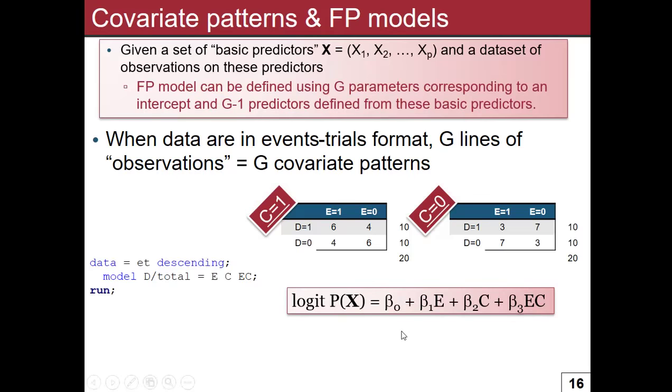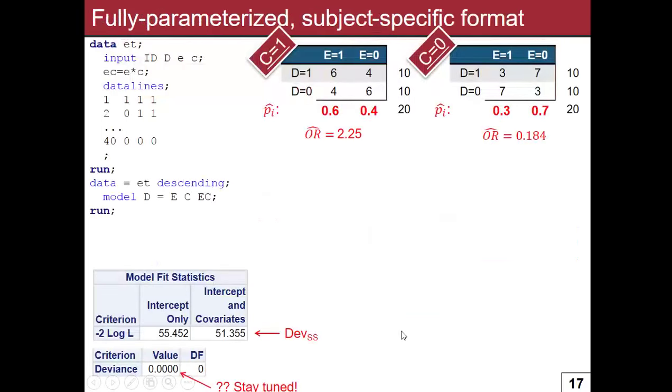It's got an intercept in it. We get something that looks like this. You can get some odds ratios, you can get some predicted probabilities. This is just from the 2x2 table even. These are the odds ratios. Here are the predicted probabilities on the columns. So here this is 0.6, 0.4, what we saw earlier.